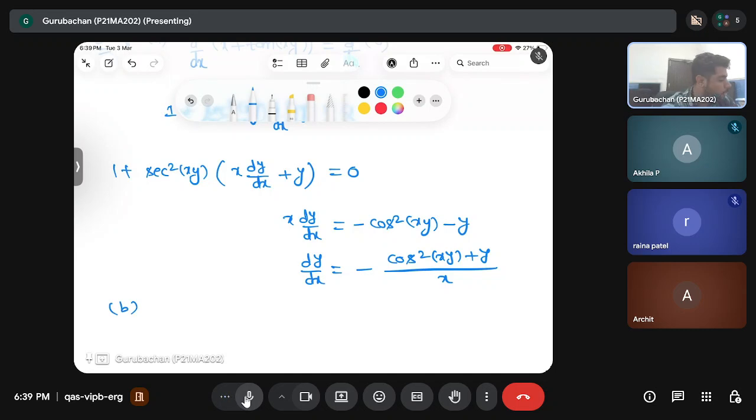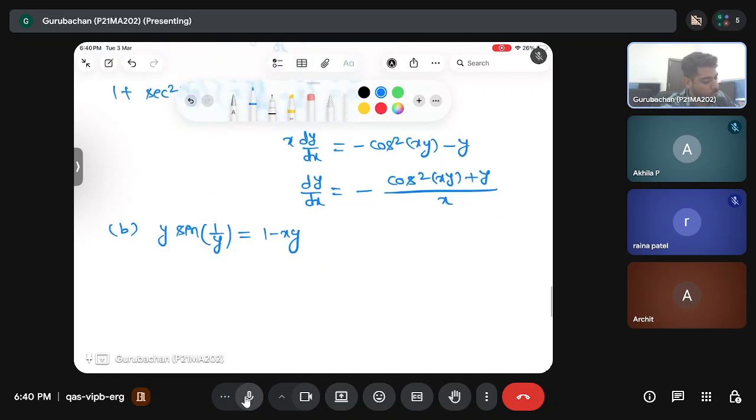So the next one, in this we have y sine 1 by y. Now Archit, see here. When you differentiate both the sides, first of all, sine 1 by y will be as it is, dy by dx, plus y as it is, cos of 1 by y, d by dx of 1 by y.